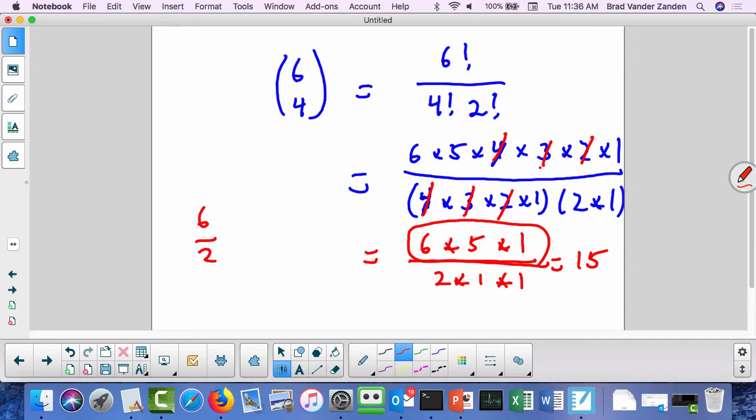You can't just multiply out the numerator, then multiply out the denominator, and then divide. Instead, you're going to have to do it piecewise. Divide 6 by 2 to get 3, then divide 5 by 1 to get 5.